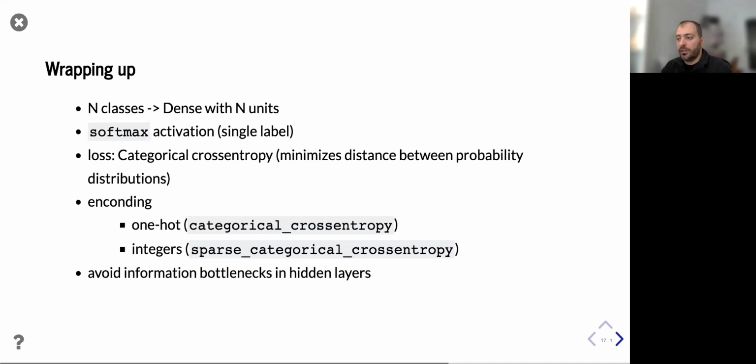For the loss function, we use categorical cross-entropy. Again, cross-entropy because we try to minimize the distance between the probability distributions. Regarding the encoding, we used one hot for the labels. If you don't want to use one hot and want to have the integers as a target, it is possible, but in this case, you should use sparse categorical cross-entropy.